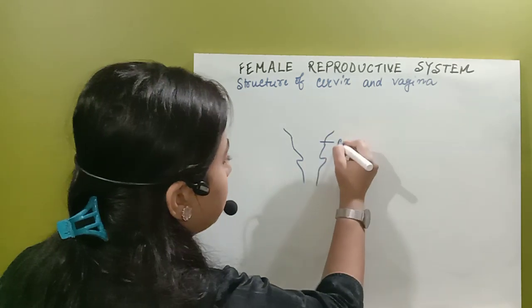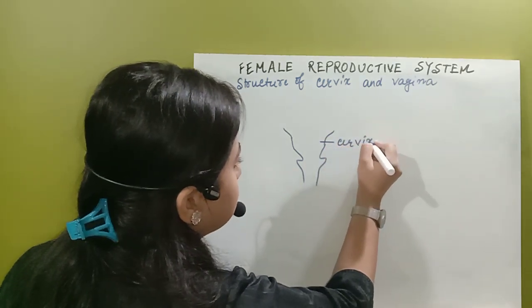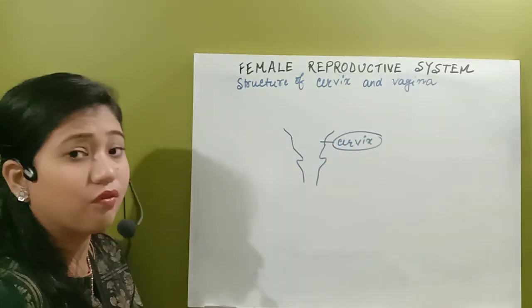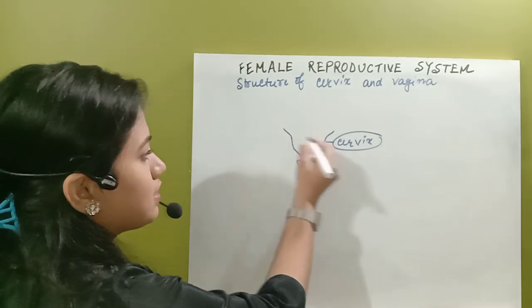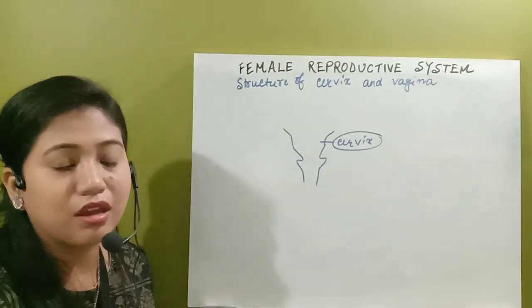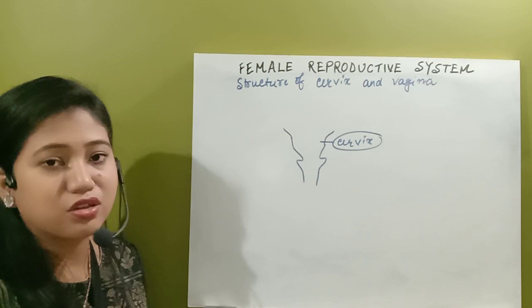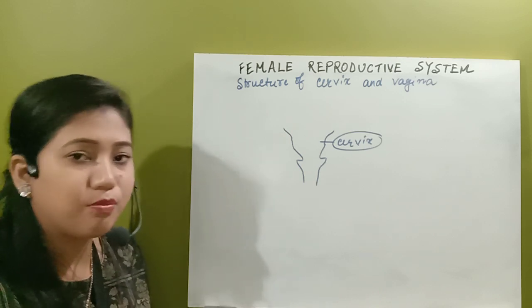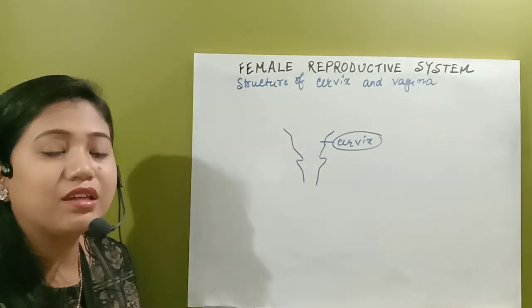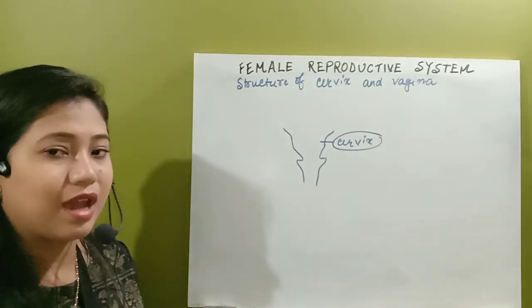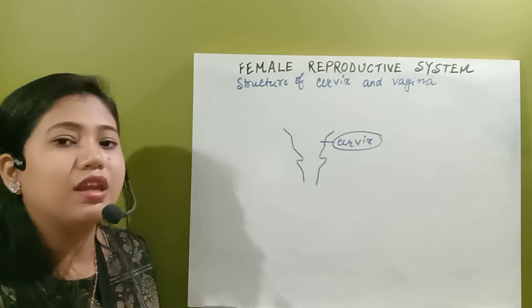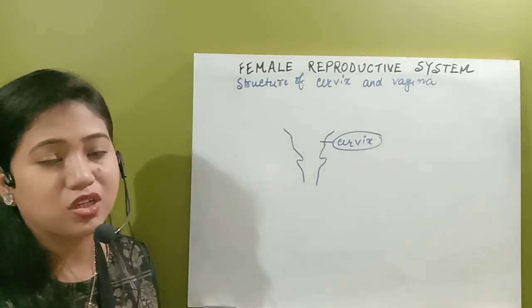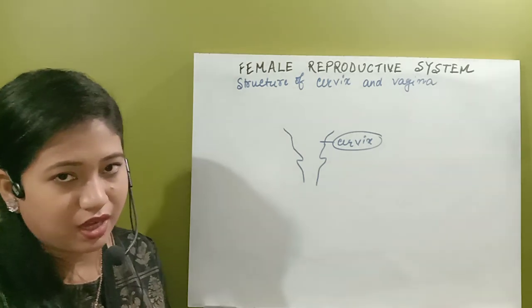So just see here this cervix. This region is actually very important. Why? Because this cervix is going to help in the capacitation reaction. If you remember, in the male reproductive system, inside the region of the epididymis, the male gamete is temporarily deactivated, and that process I mentioned was the decapacitation reaction.